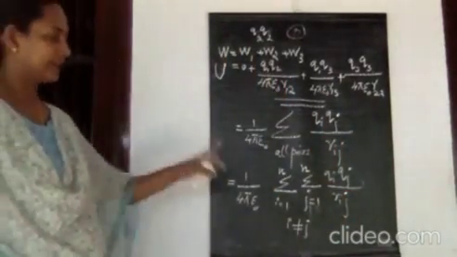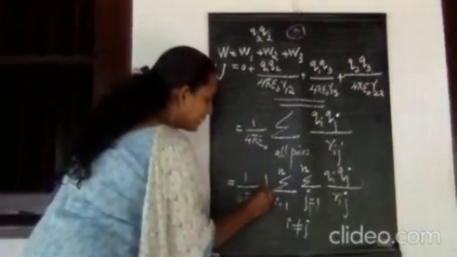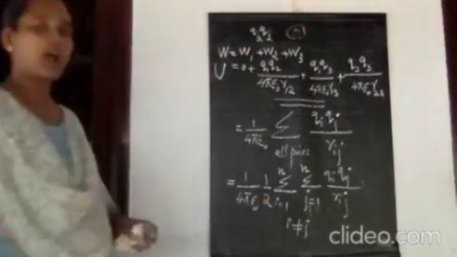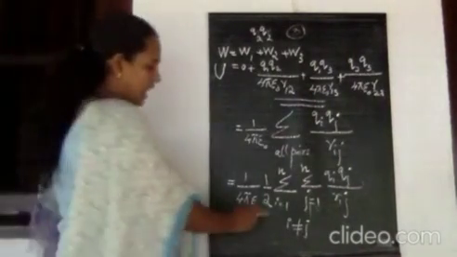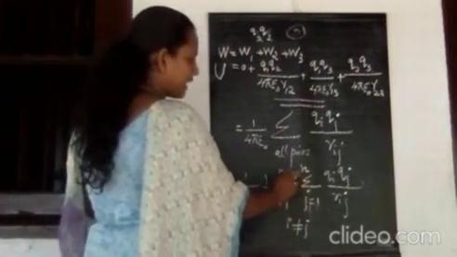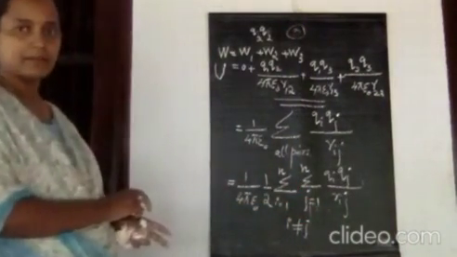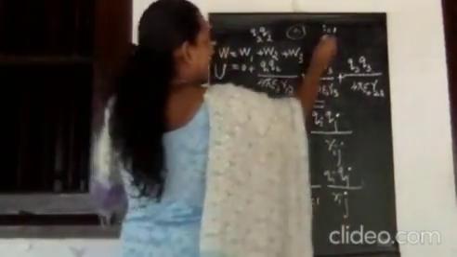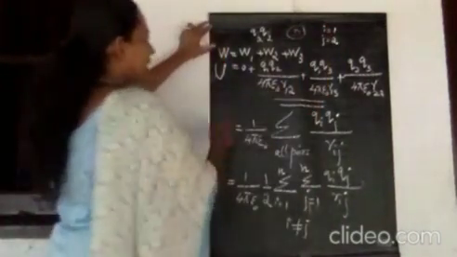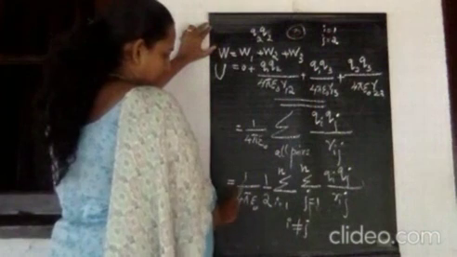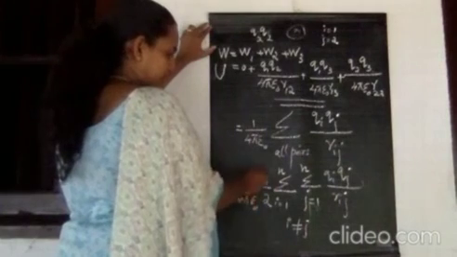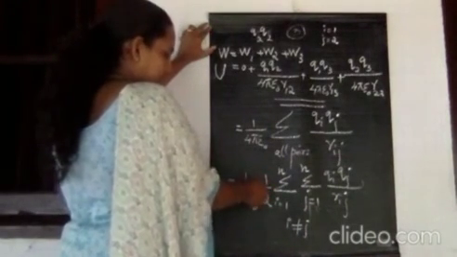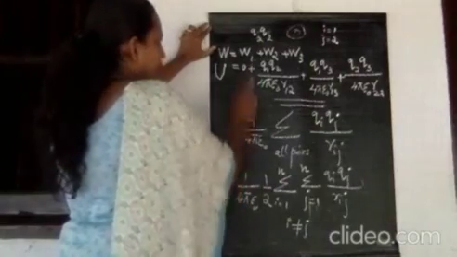But if I am writing like this, I will multiply by 1 by 2. Half of the value is needed. Why? Because i is varying from 1 to n, j is also varying from 1 to n, and i not equal to j. So suppose first you choose i equal to 1, j equal to 2.